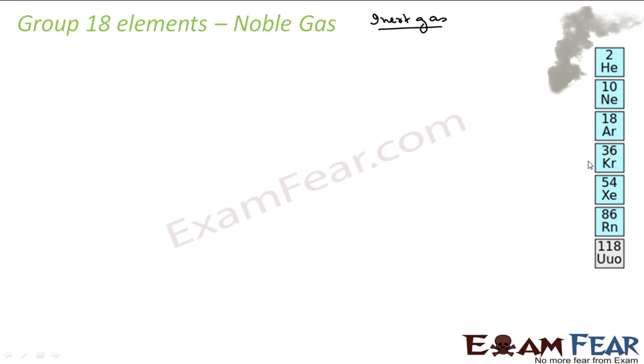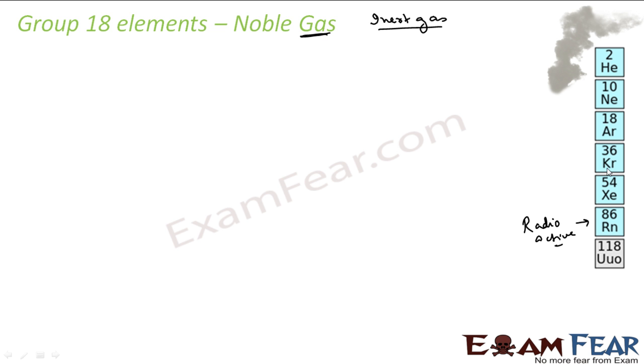Krypton came from a Greek word kryptos, which means hidden. Xenon came from a Greek word xenon, which means stranger. And radon came from radius, which means rays, and it is radioactive. This is the only radioactive element in this group.